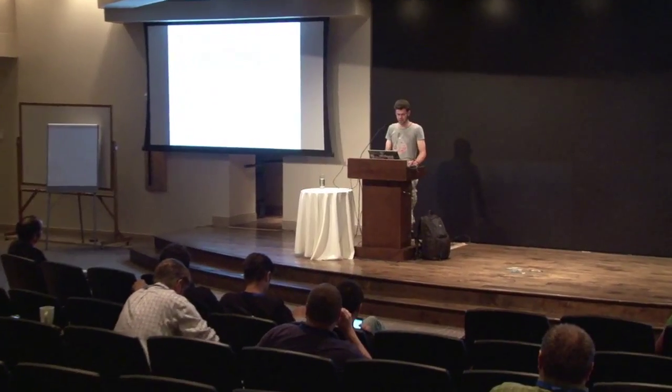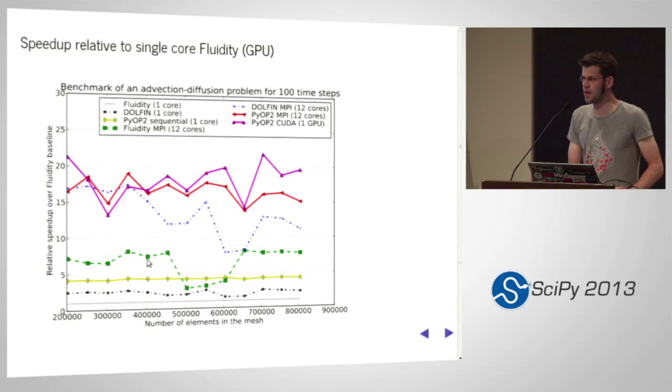Yeah, so the reason is that there's a bit more overhead we have for parallel computations, because we run a completely different code path. So the question was why the speedup that we see with 12 MPI nodes is only about a factor of 4 to 5 over our sequential, whereas Fluidity gets about a factor of 8.